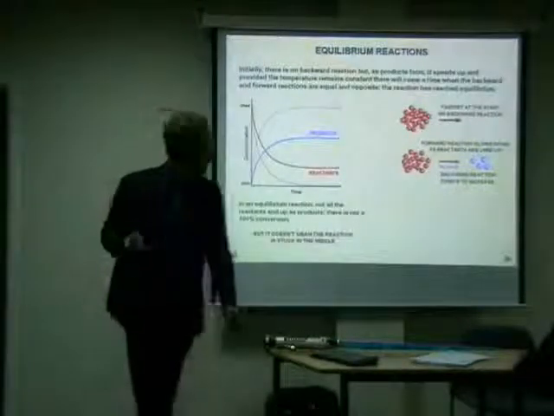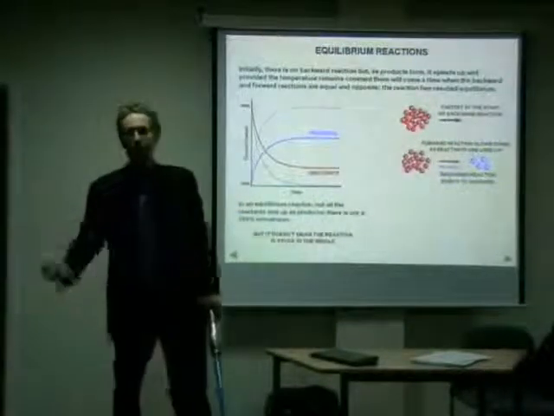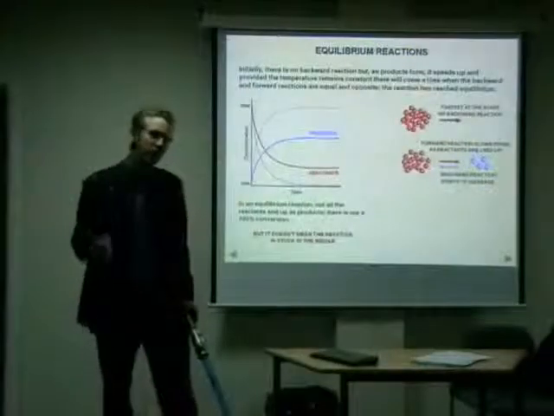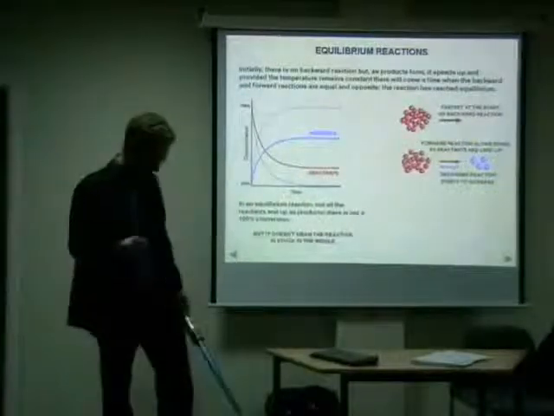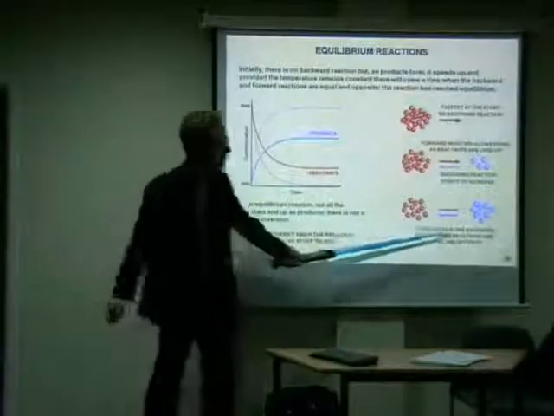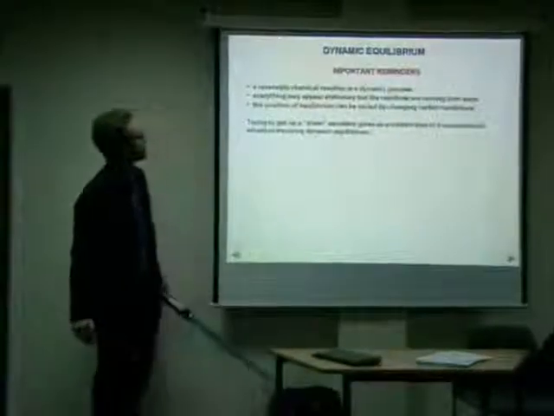It's equal. And what we've got here is a dynamic equilibrium, where the forward reaction is occurring and the backward reaction is occurring, but they are occurring at the same rate. So, at equilibrium, the backward and forward reactions are equal and opposite.